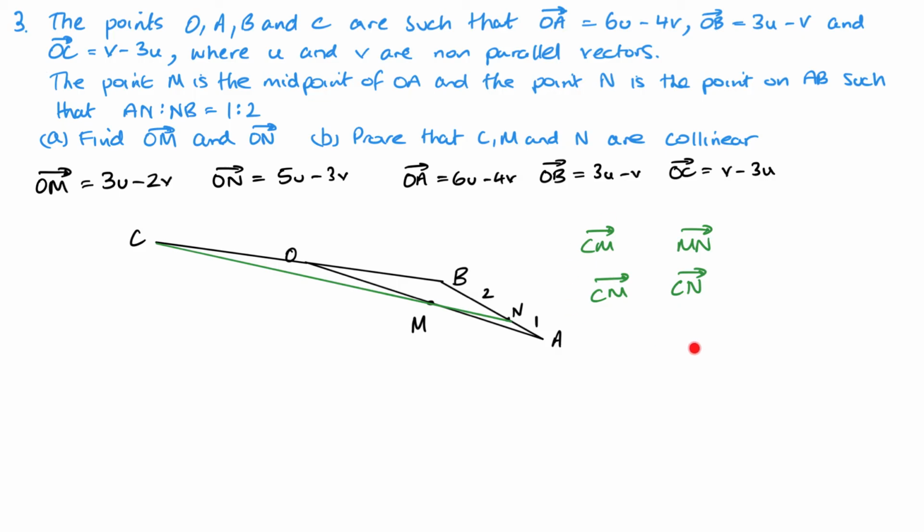So that's the kind of thing that we need to do. We need to essentially show that two vectors are parallel, but we have to have at least one common point there. So in this case we have the M as the common point, in this one we have the C as the common point. Equally we could do it with the N as the common point as well.